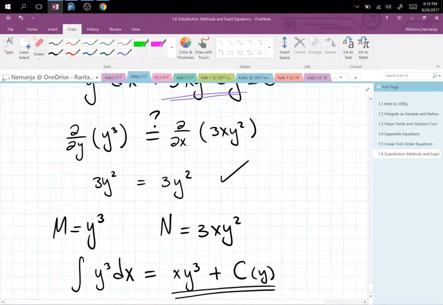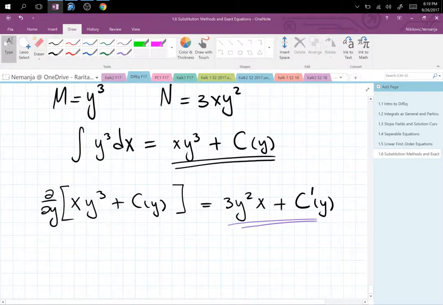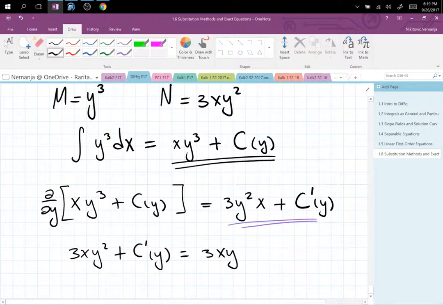What do I have? I have that 3xy squared plus c prime of y is equal to 3xy squared. So they're the same, from where I conclude that c prime of y is equal to 0.